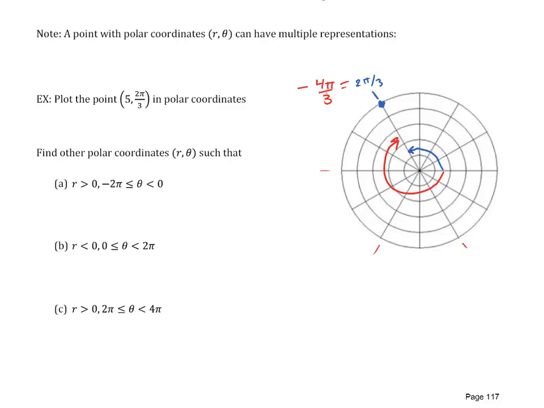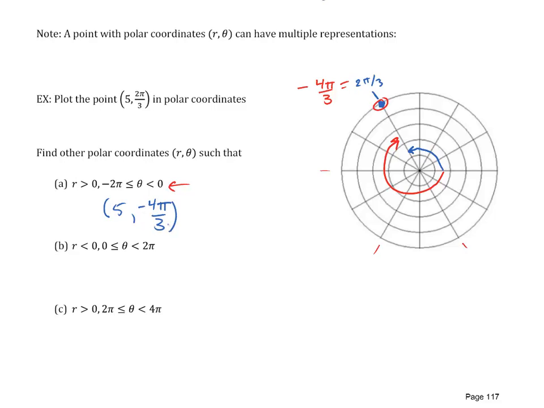So I could rewrite that point as 5 comma negative 4 pi over 3, and it would be the same point. And that's what this first answer would be, because this asks to find the polar coordinates such that r is positive, meaning I'm going out in that direction, but theta is between negative 2 pi and 0. That is, it's a negative angle, but it's within one rotation, and that's what negative 4 pi over 3 would be. So this answer would be 5 comma negative 4 pi over 3.